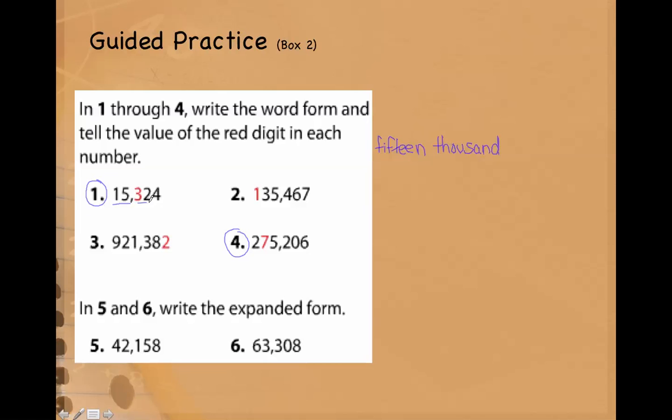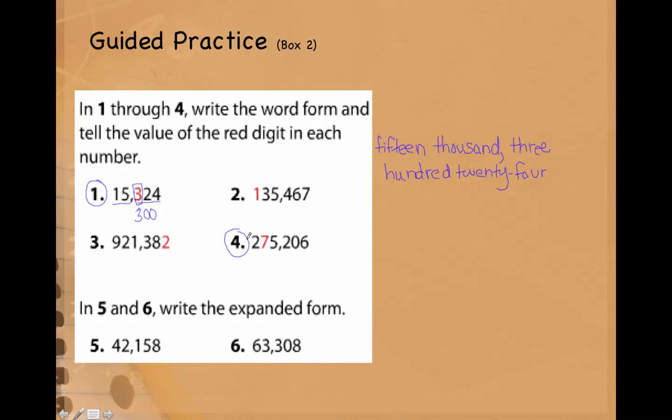And then I read the second side. 320, and two-digit numbers need a hyphen, 4. Now I need to find the value of this 3 that's in the hundreds place. The value of that 3 in the hundreds place is 300.